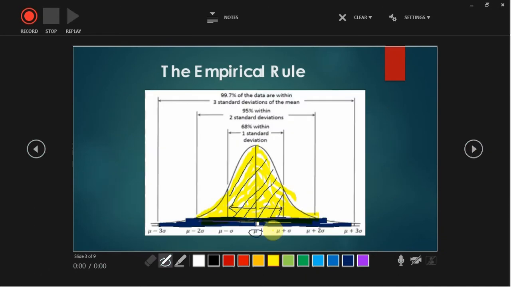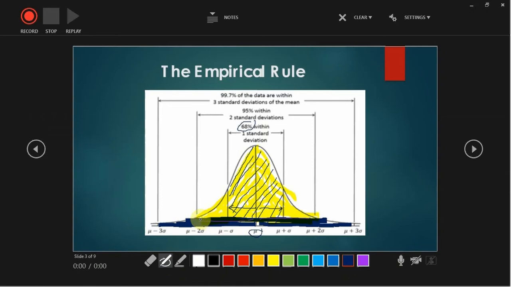We can explain it through a graph. In this graph, the striped range is the range for mu plus minus 1 standard deviation. So almost 68% of the observations lie here.